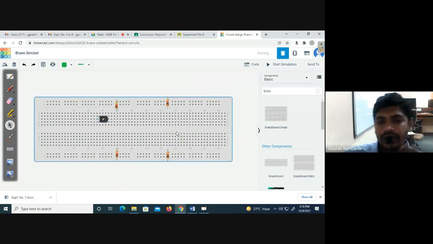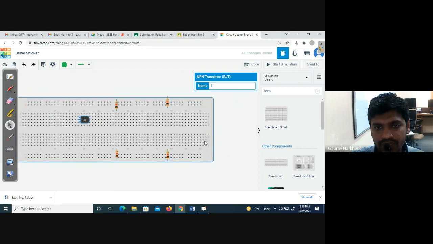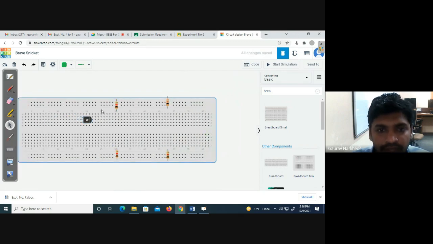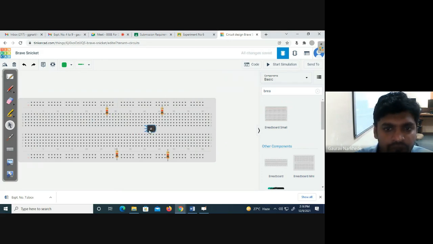Let me connect the transistor in such a way. Okay, now let me connect it like this. Is it okay? I will connect the transistor here.